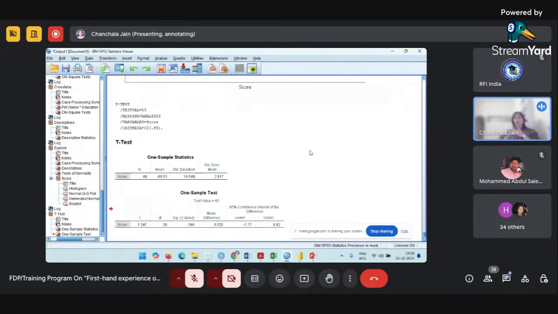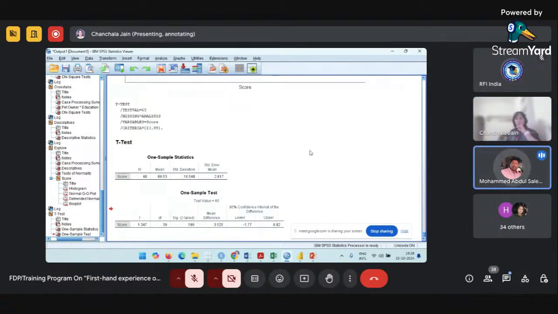Either you go for the calculated and tabulated value concept, or you go for the p value concept. In both cases, results will be the same, because the p value is also coming from the t value. Is it fine?